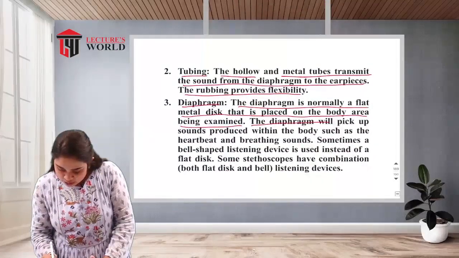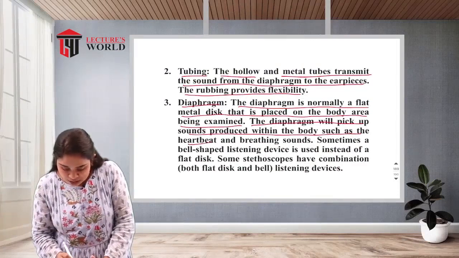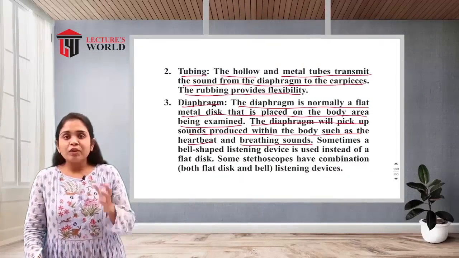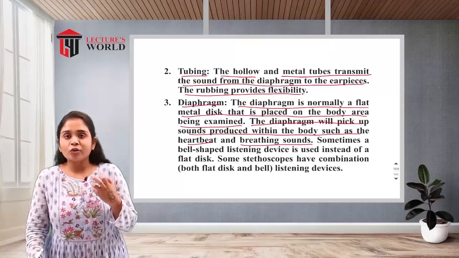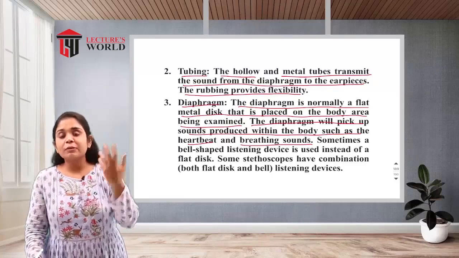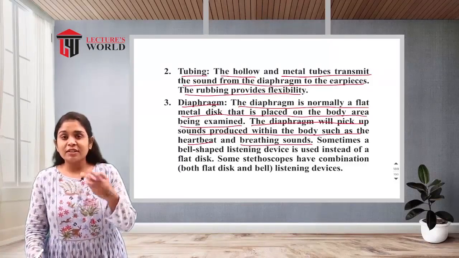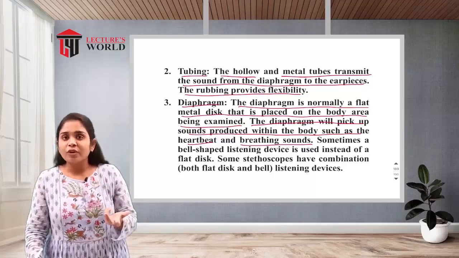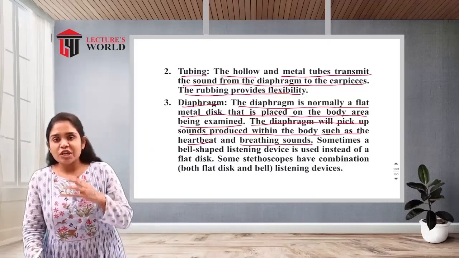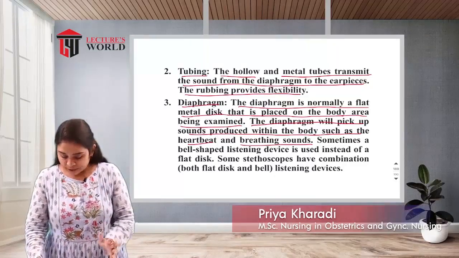The diaphragm will pick up the sound produced within the body, such as the heartbeat and breathing sounds. If you put the diaphragm over the heart, we will be able to listen to the heart sound. If you keep it at the lung side, we will be able to listen to the breath sounds. That is how we use this stethoscope for auscultating.